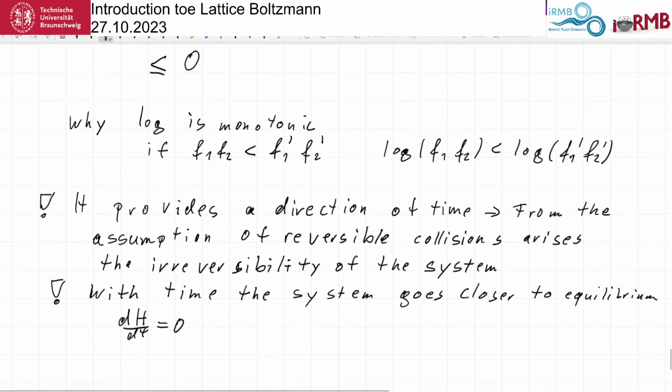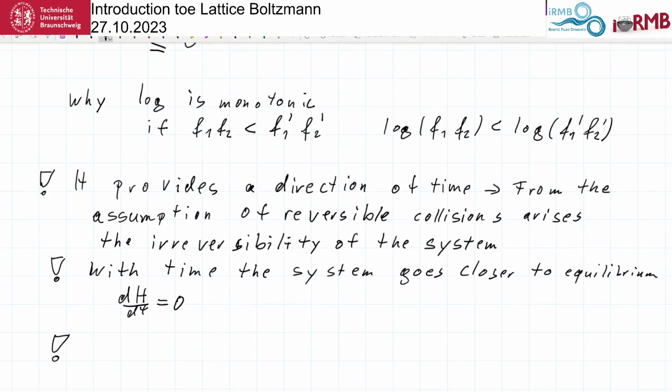Equilibrium is where this is zero, and this eta is actually identified as the scaled negative entropy. So, sorry for being long.